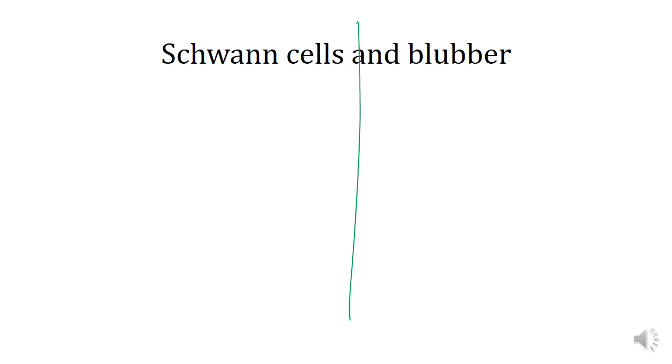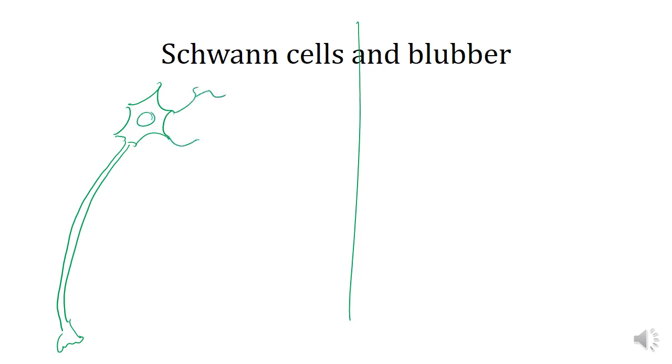So Schwann cells, when we look at a neuron, we've got a big long axon before we get down to the synapse down that end. We've got our dendrites, dendrites, dendrites. So we've got this big long thing which is called an axon.